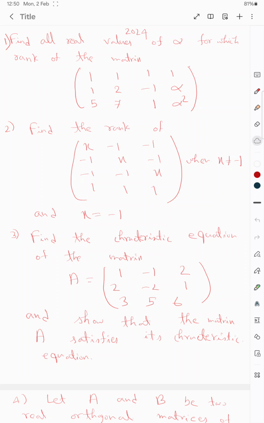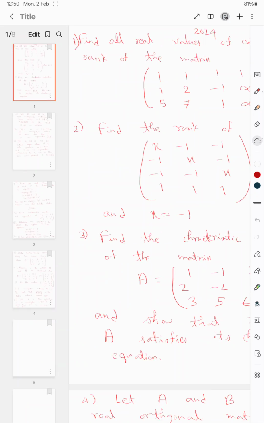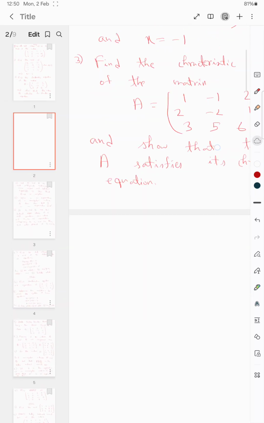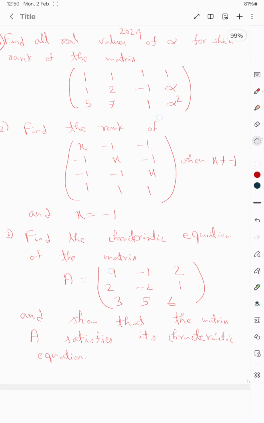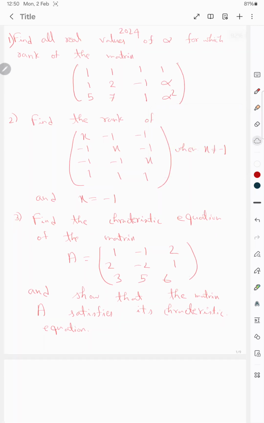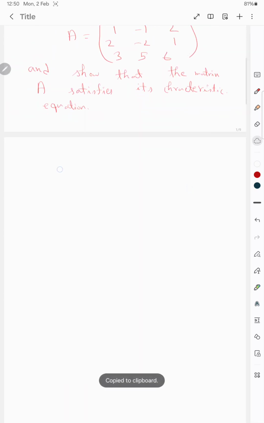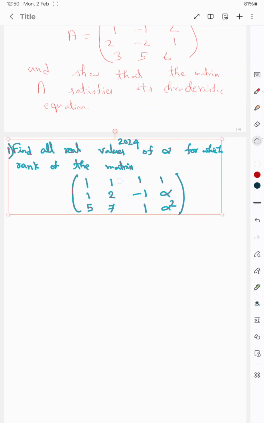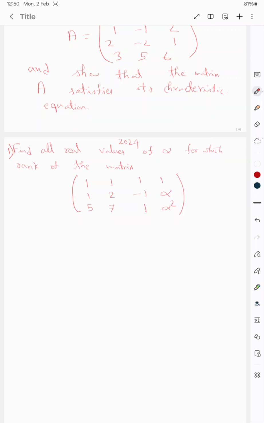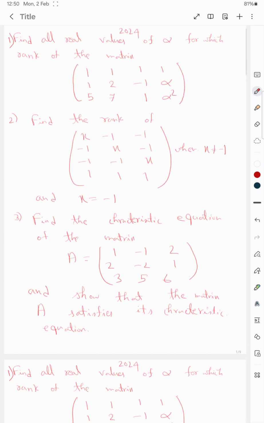So let me add a new page. So first problem: find all real values of alpha for which the rank of this is 2.